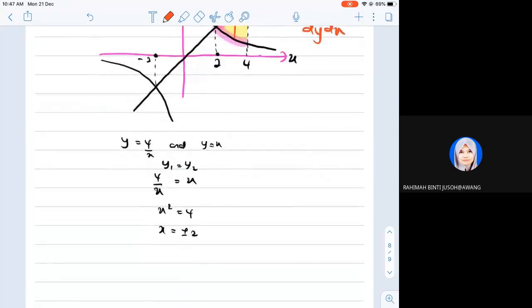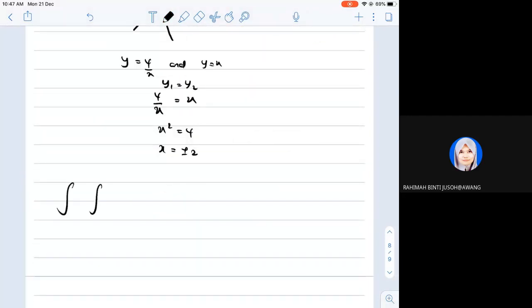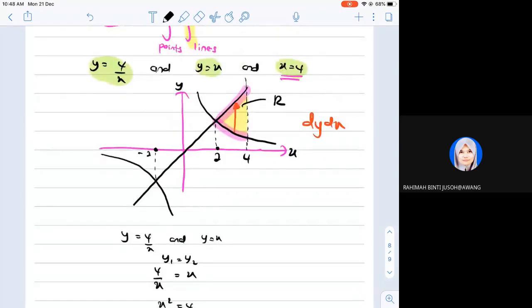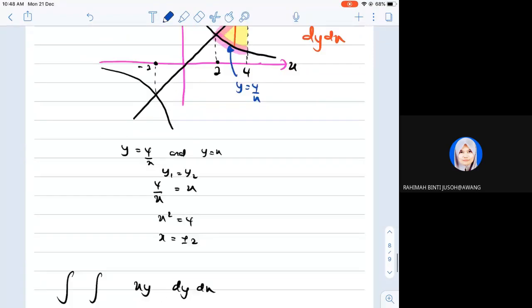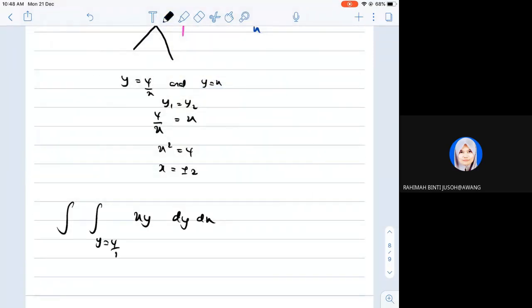Okay, so now let us proceed. Integration of the function xy, xy dy dx. Now the lower limit. This line is represented by y equals 4 over x. So the lower limit should be y equals 4 over x.